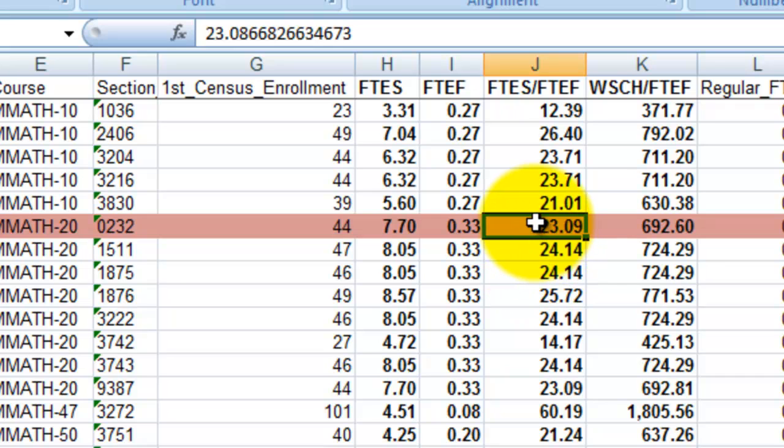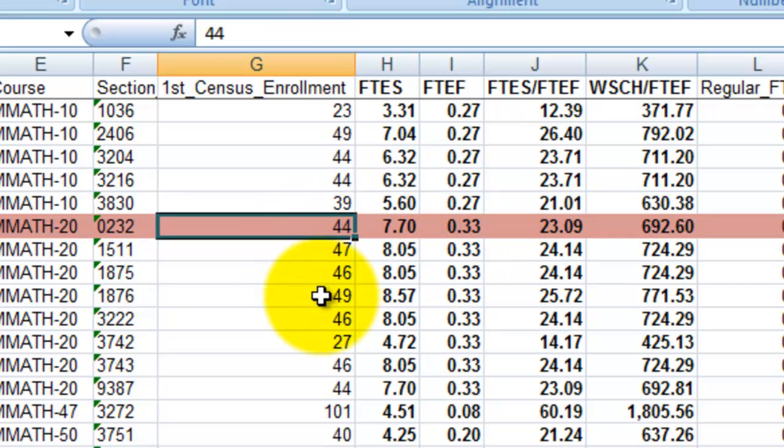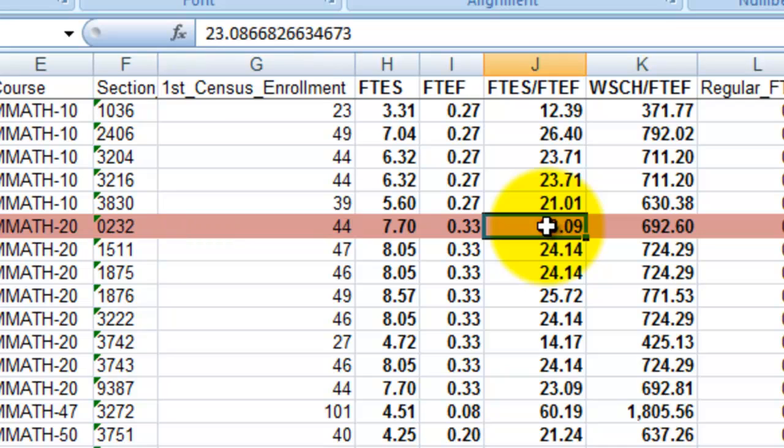So there's the simple FTES per FTEF. As you can notice, this is 44 students enrolled, and this ratio is about 23. If this was 22, then 22 doubled would be 44. So there is a sort of an understanding to look at.